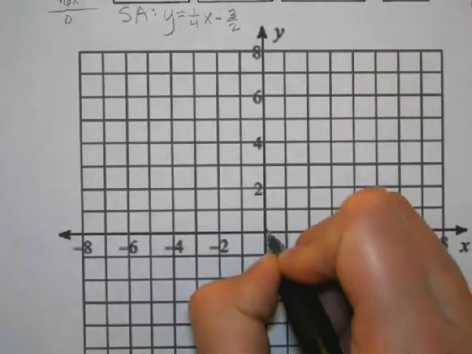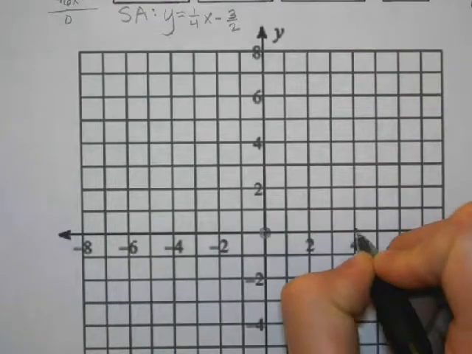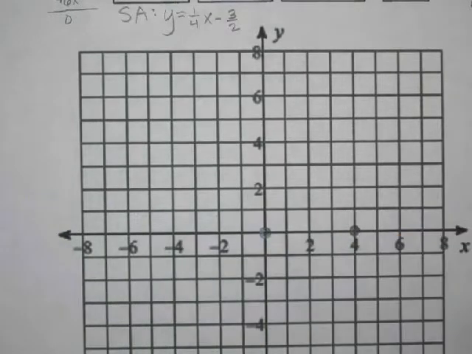So I've got 0, 0, and 4, 0, and a vertical asymptote at -2.